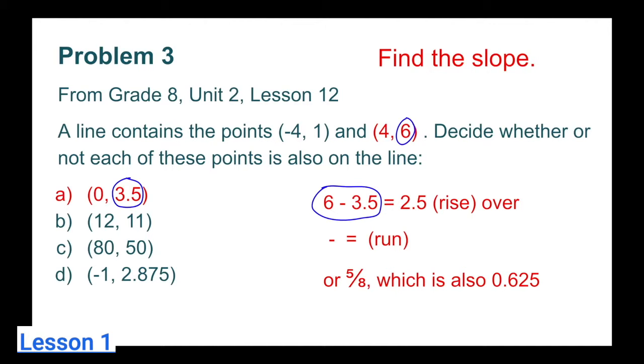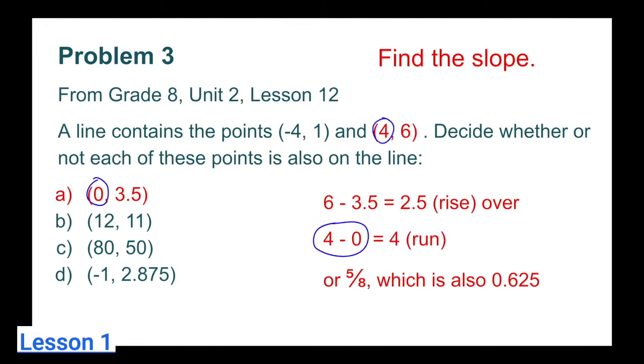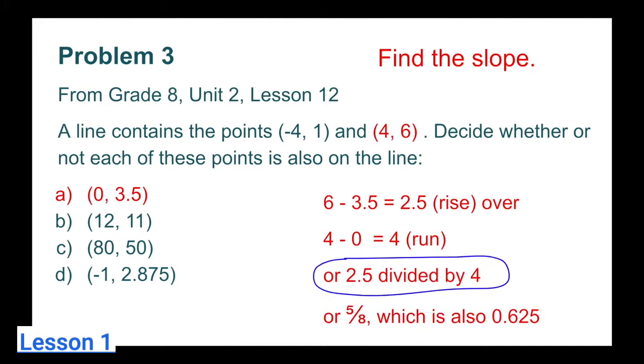So the rise would be 2.5 and the run would be 4 minus 0. 4 minus 0 equals 4. 2.5 divided by 4, or 2.5 over 4. That's equivalent to 5/8, which is also equivalent to 625 thousandths, or 0.625. The coordinates for A would be yes. That point would be on the same line.